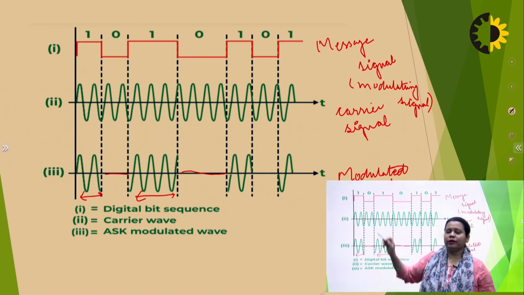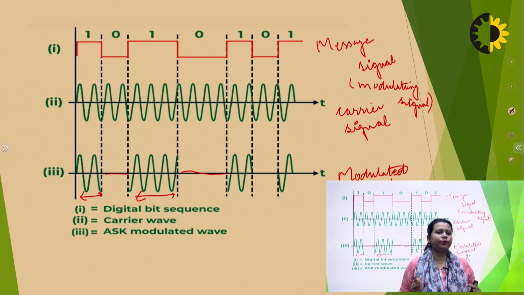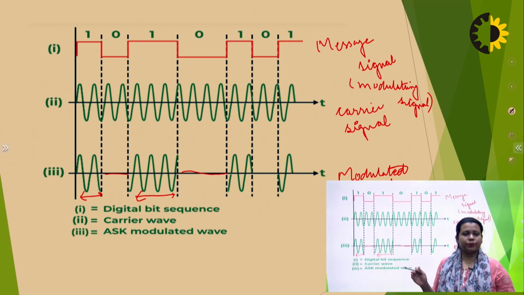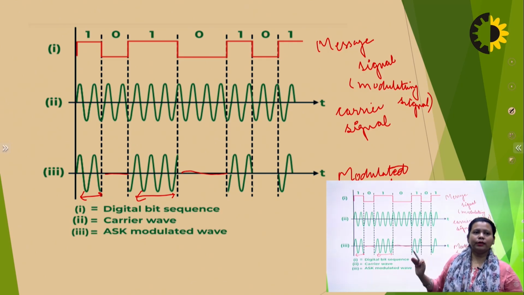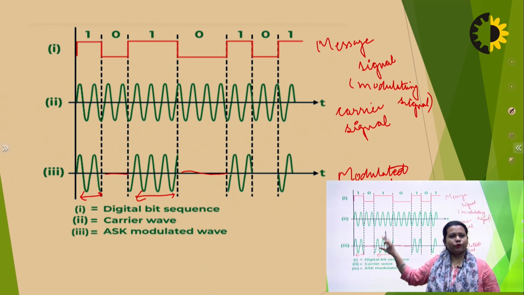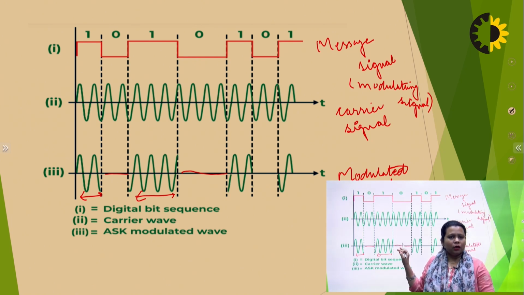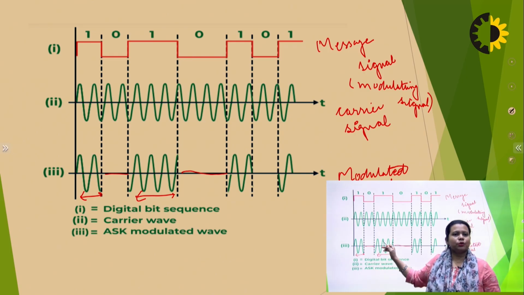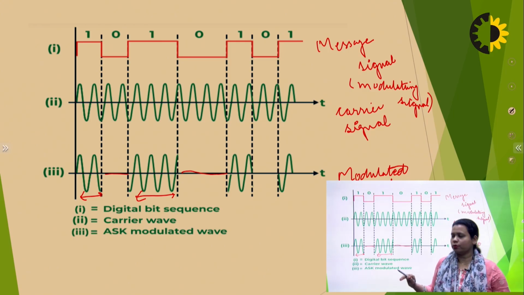In ASK, only amplitude is changing. There is no change in any other aspect, no change in frequency, no change in phase. Only your amplitude is changing from high to low, and low here means 0, complete 0. We have taken that if 0 is transmitted, in that case your modulated carrier signal is completely 0, right?